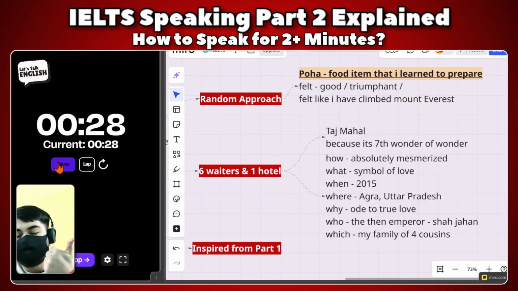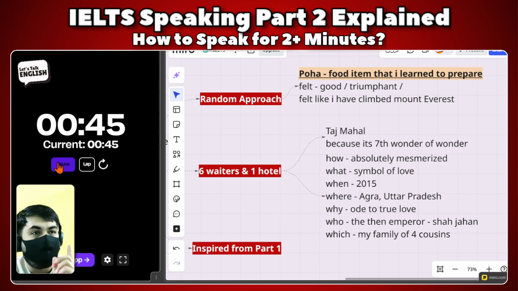The monument or the tourist attraction's name is Taj Mahal, and it has been classified as the seventh wonder of the world.